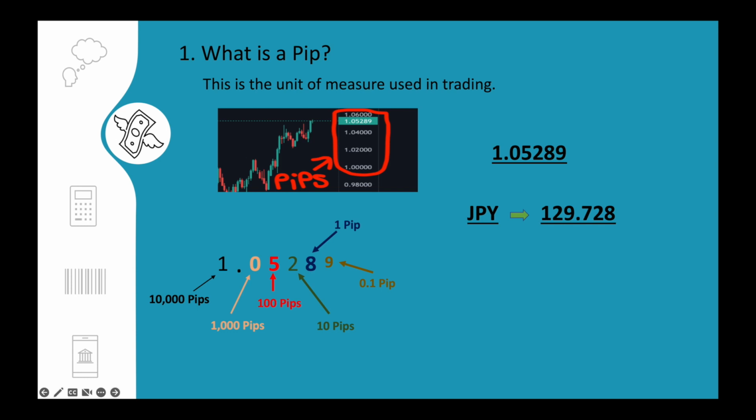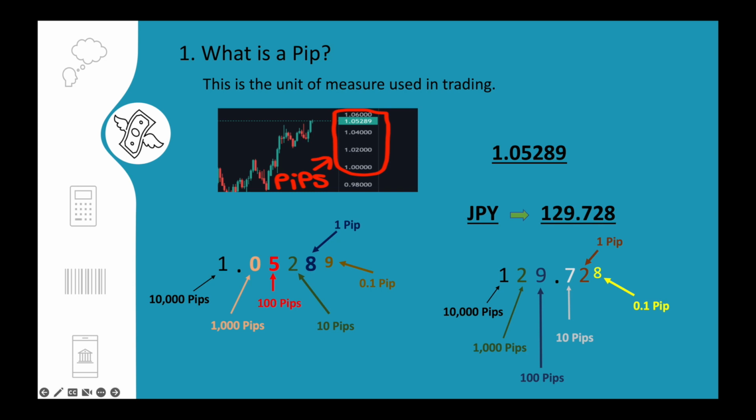We go step by step from right to left. The 8 is going to hold the place value of 0.1 pip. 2, a pip. 7, 10 pips. 9, 100 pips. 2, 1,000 pips, and 1 is going to hold 10,000 pips.